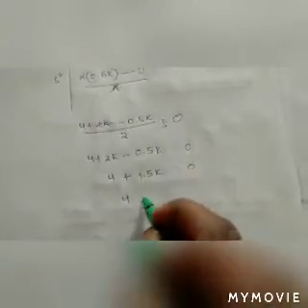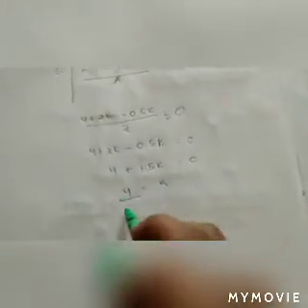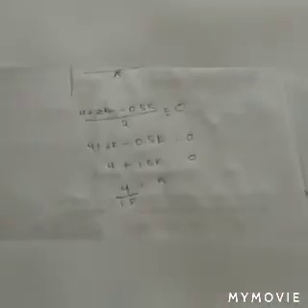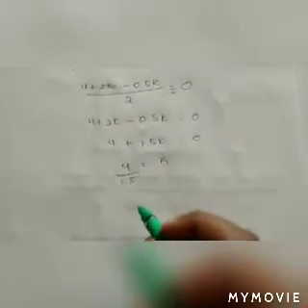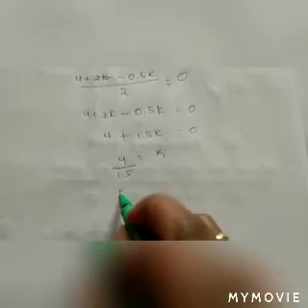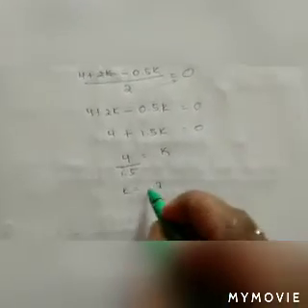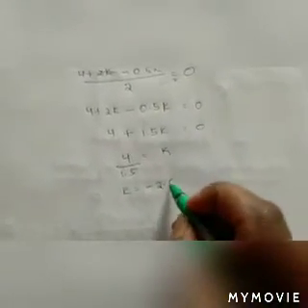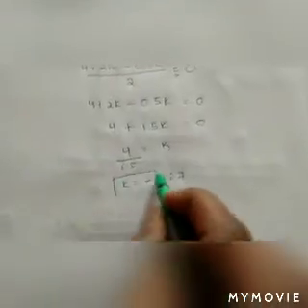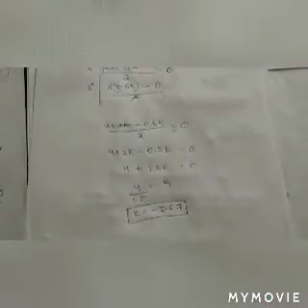So 4 equals k, and 1.5 will come here. So 4 by 1.5 gives k equals minus 2.67. So this is your marginal value of k.